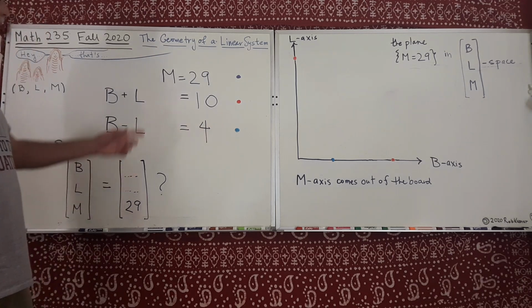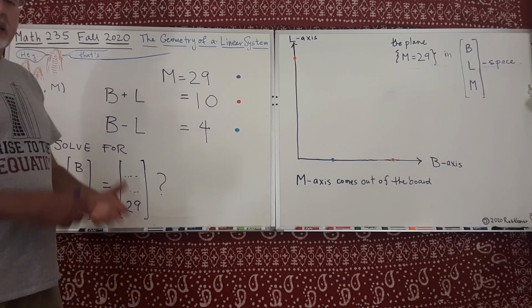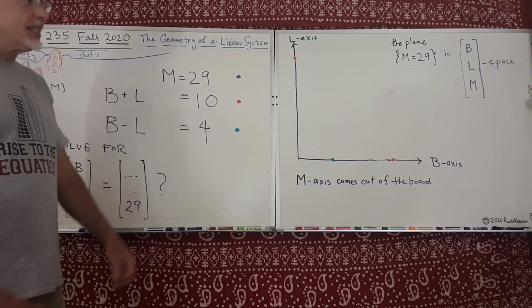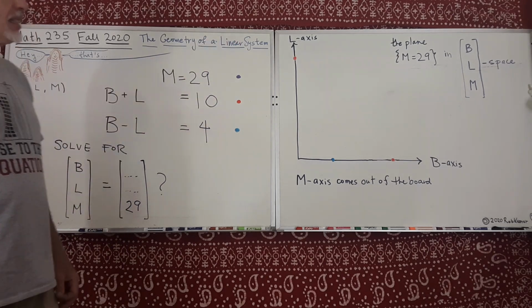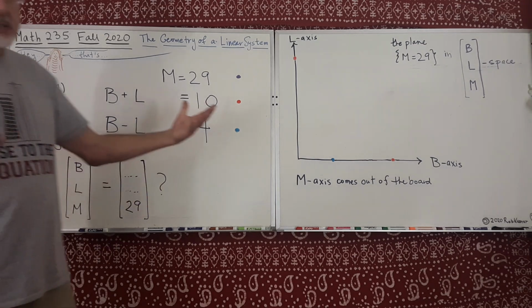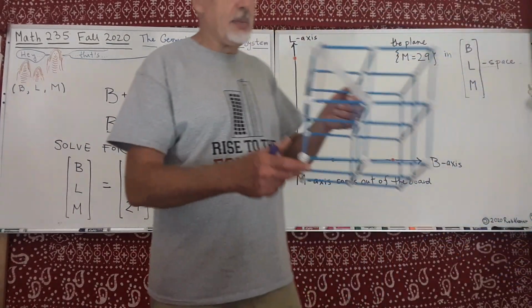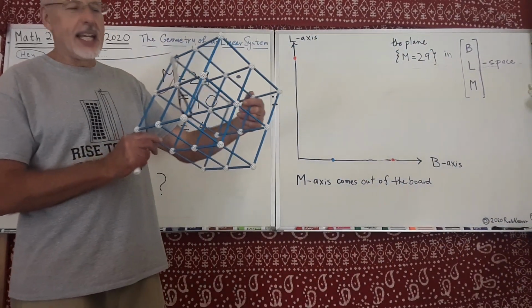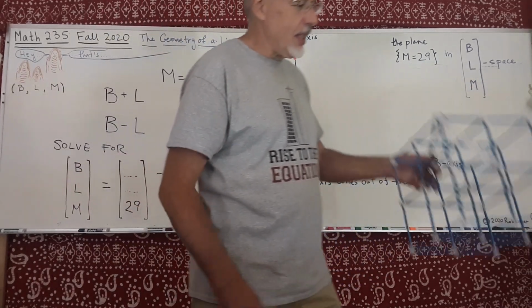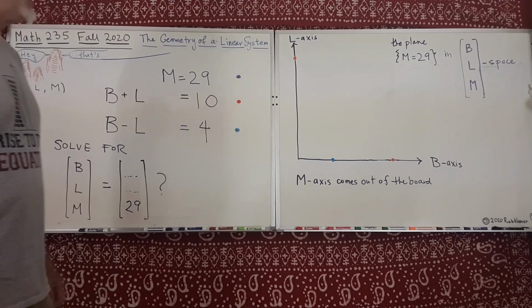Well, I can think of B, L, and M as really a three-parameter space: the big sister's age, the little sister's age, mom's age. And it's like the three-space that we live in, or maybe, since we only allow integers, it's more like a lattice. But if we did the exact age, we'd have real three-space.